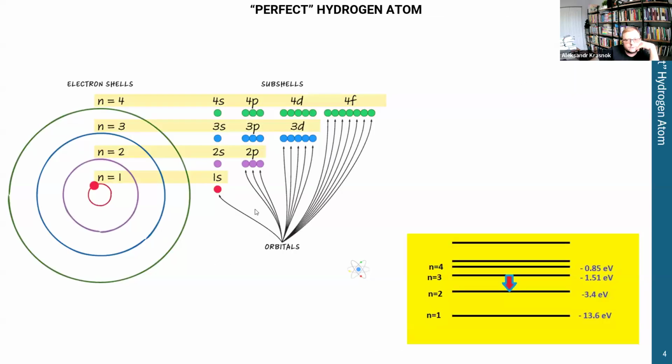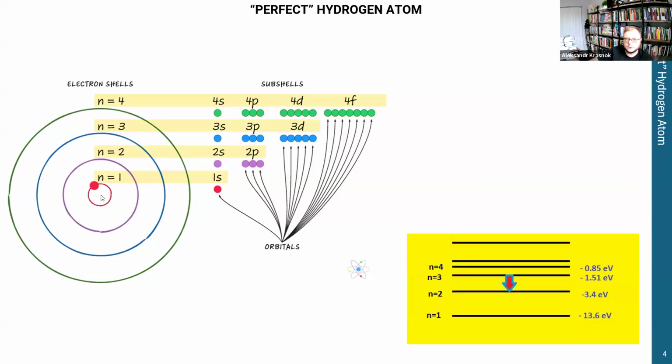Yes, that's what we discussed last time, and we also discussed the hydrogen atom and its orbitals and states. I just want to briefly recap it here again to be on the same page, because it's important for what I'm going to discuss today. So let us once again look at this nice electron shell sketch of a hydrogen atom.